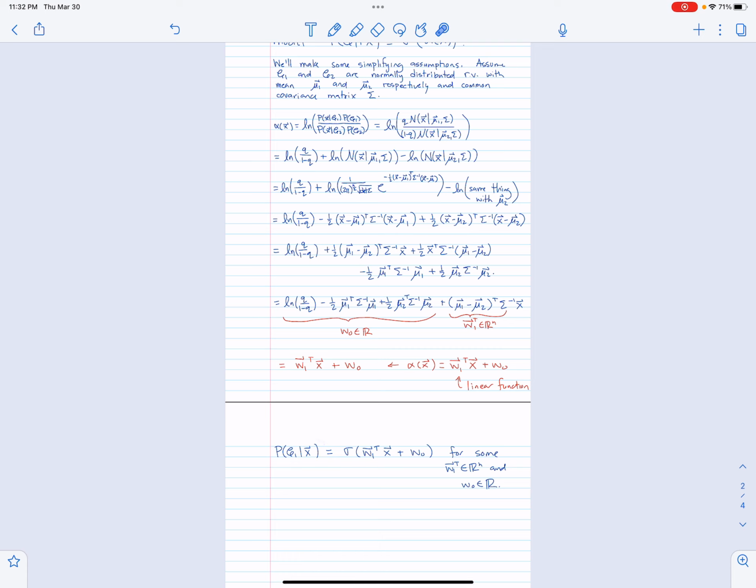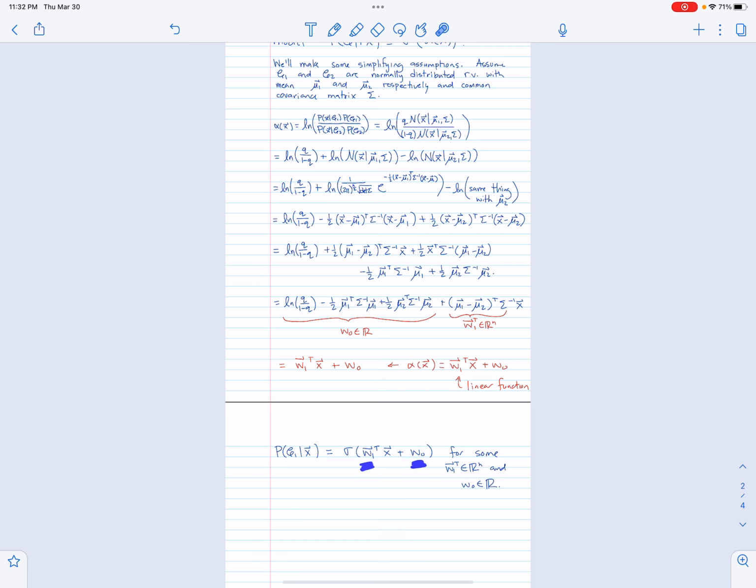Okay, so yeah, instead of worrying about all this probability theory nonsense, we're just going to say, hey, all I have to do is find the W1 and the W0 that fit the data the best, and we're just going to learn those two parameters, which is a lot easier because this is an n-dimensional vector, so there's n parameters.